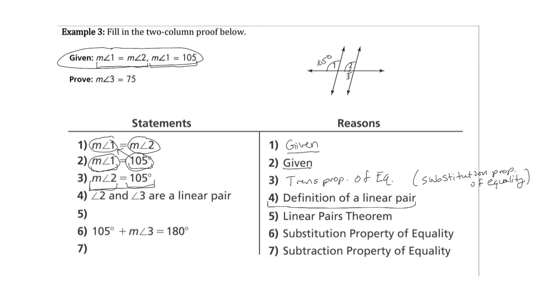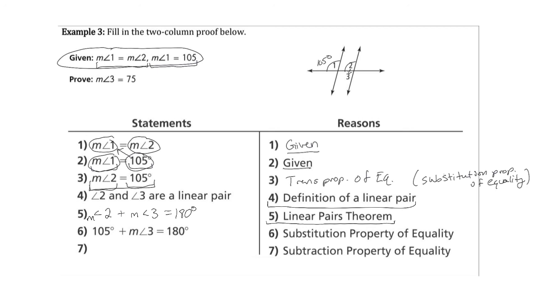The next one, we use the linear pairs theorem to figure out our fifth statement. We know by our linear pairs theorem that if they are a linear pair, then the measure of angle 2 plus the measure of angle 3 add up to 180 degrees.